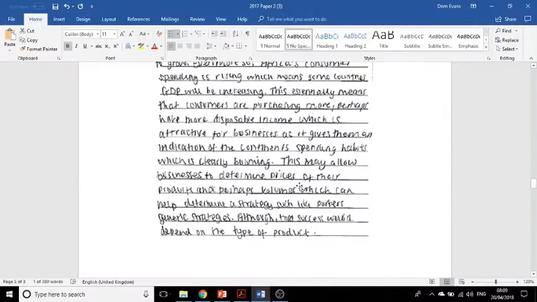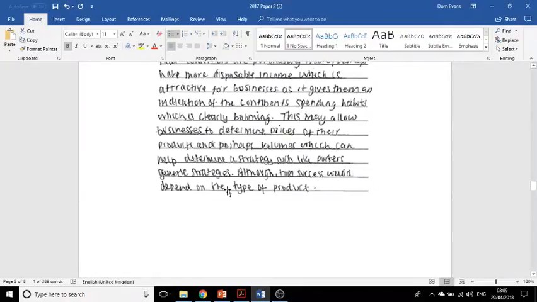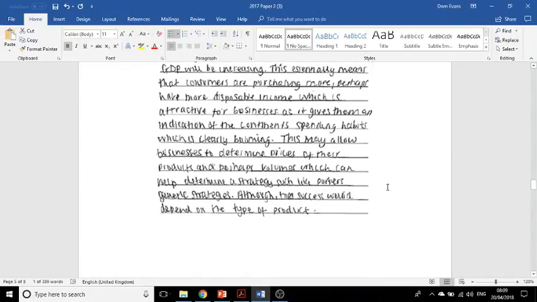This may allow businesses to determine the price of their products and perhaps volumes, which can help determine a strategy like Porter's generic strategies." I think they've got lost a tiny bit here, but "although this success would depend on the type of product." Okay, so they've explained that it's going to depend on the type of product.